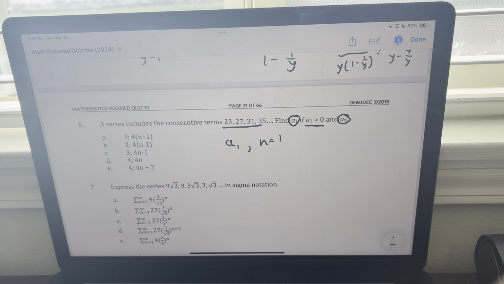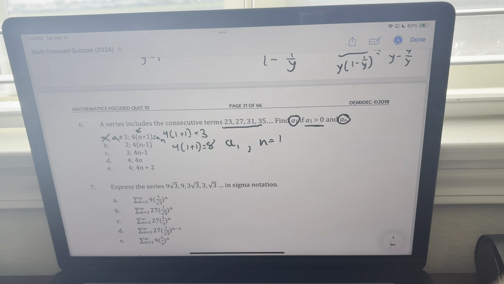So if we plug in 1 for n of these, then this 4 times 1 plus 1 should equal 3, because that's a1 right here, and then this is equal to a_n if you're looking. And so if you plug in 1 for n right there, 4 times 1 plus 1 is actually equal to 8, so it cannot be A.